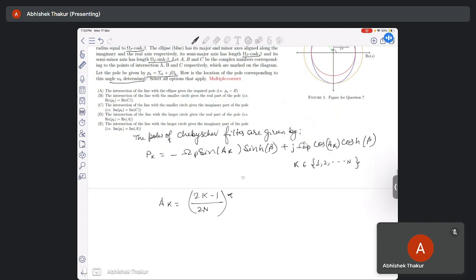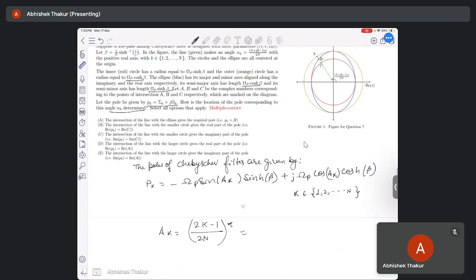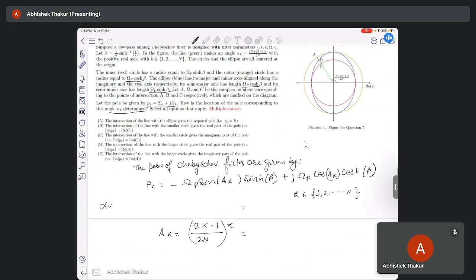Okay, so this is again our alpha k, which is given as (n plus 2k minus 1) by 2n into pi. So this is written as (2k minus 1) by 2n pi plus half pi. So ak is equal to alpha k minus half pi.